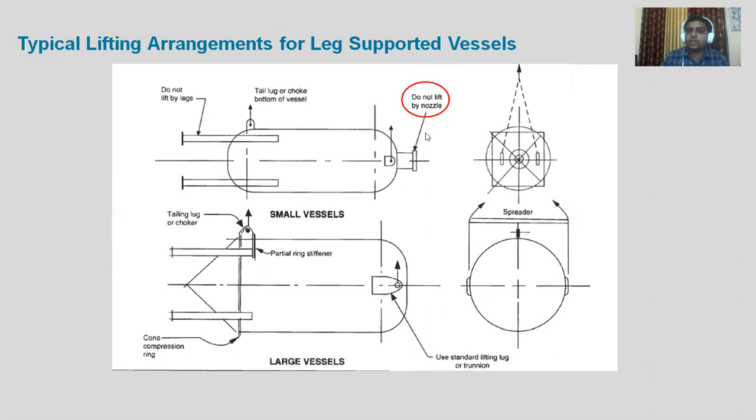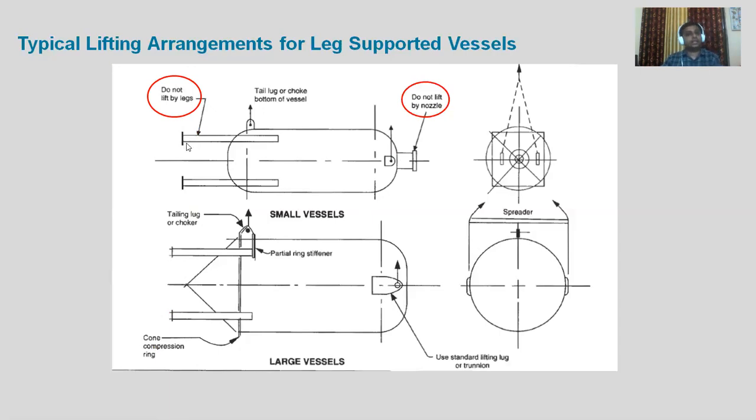Actually, these nozzles are not designed for lifting purposes. If you have the belt over here, there are chances that this nozzle can bend. And if this nozzle is bent, then what will happen? The counter piping which will be coming will not match exactly with this, and there are chances of leakage. So never ever use the nozzles for lifting purposes. Also, there are chances that people are using the legs for lifting purposes.